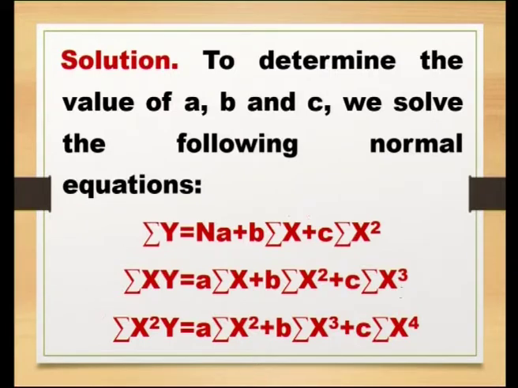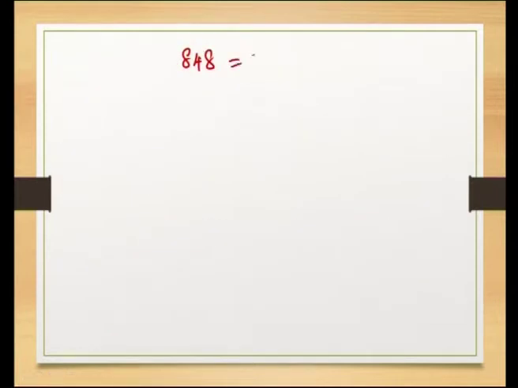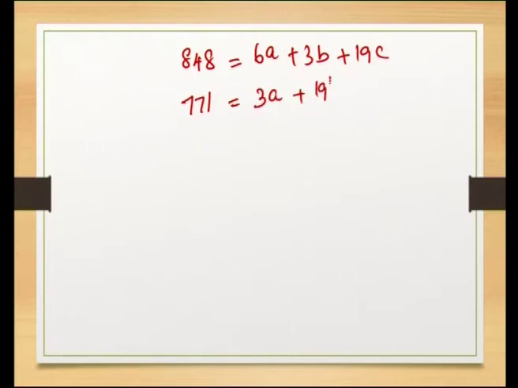Likewise, all the summation values are substituted in these 3 equations, and we get the 3 equations as 848 is equal to 6a plus 3b plus 19c, 771 is equal to 3a plus 19b plus 27c, and the third equation gives 3099 is equal to 19a plus 27b plus 115c.